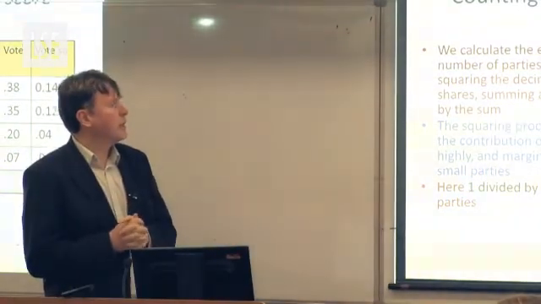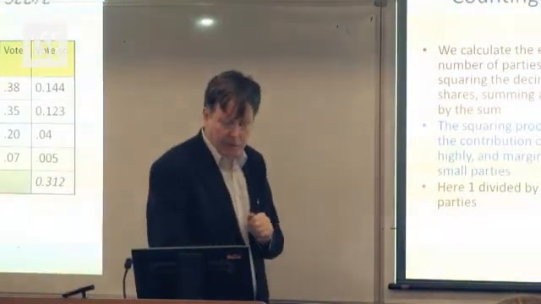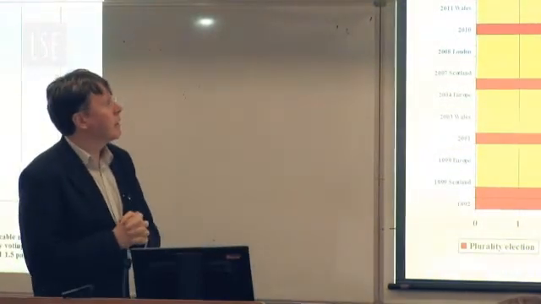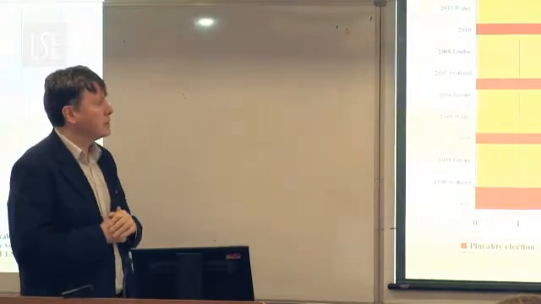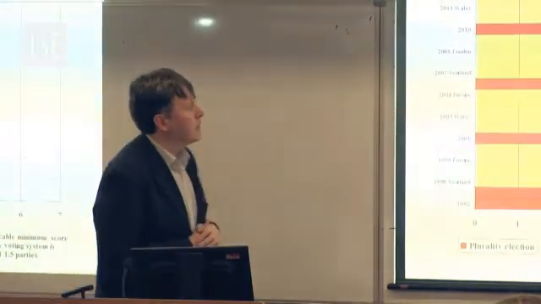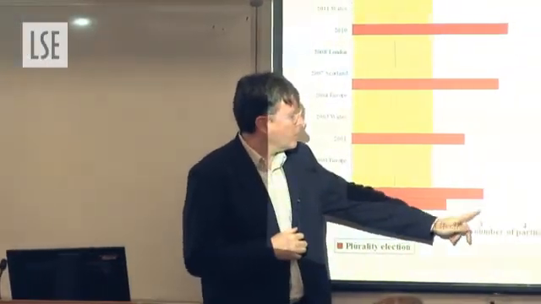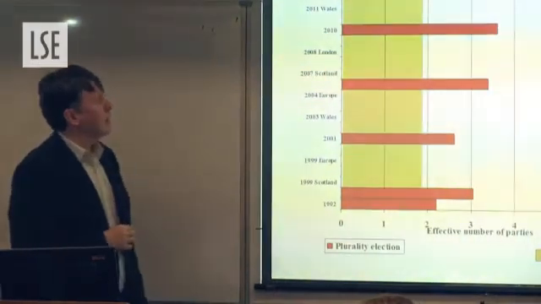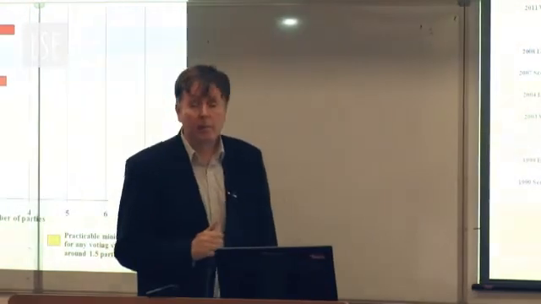Okay, so you're probably thinking, how does that work in actual elections? If we look at the plurality rule general elections, again shown in red, you can see that the effective number of parties is around about 3, growing noticeably in the last couple of elections. It's been around that number for quite a long time.